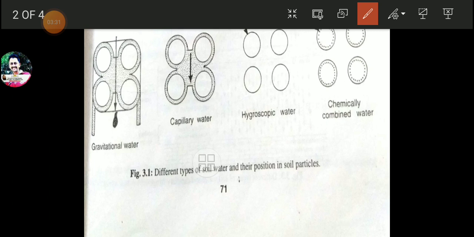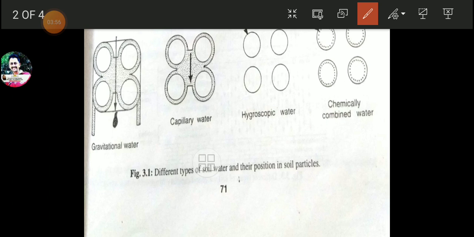The water present in the soil may again be of four types. We know that soil water is absorbed by the plant and acts as a medium for the minerals. Then also there are four types of water present in the soil.